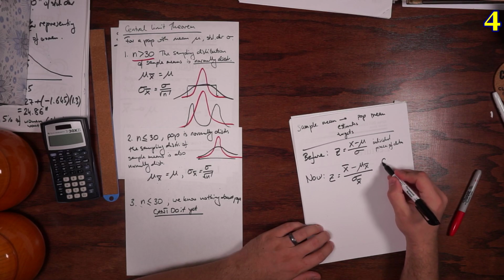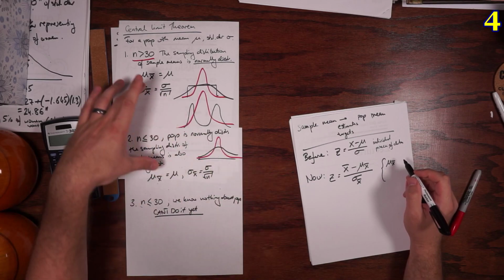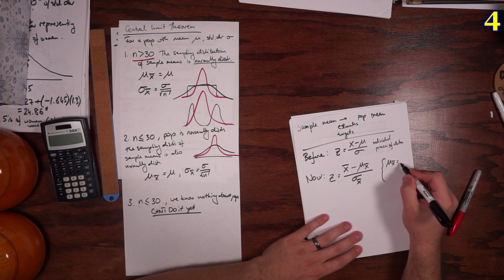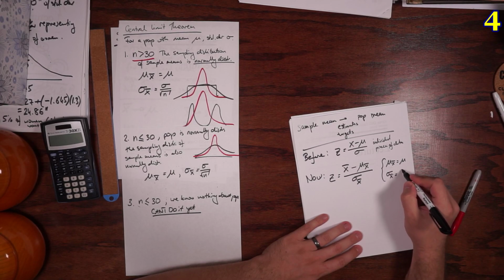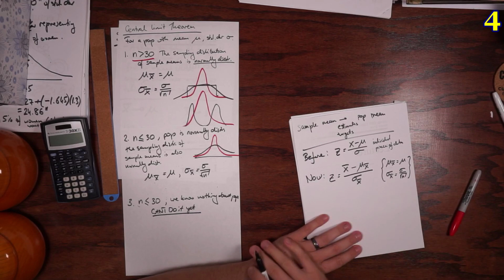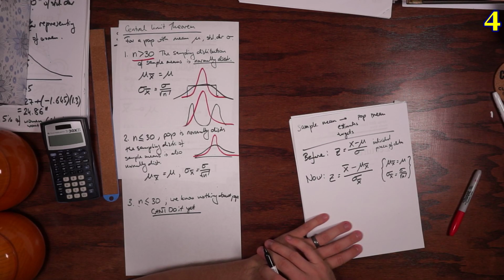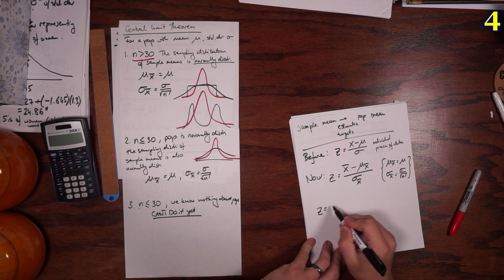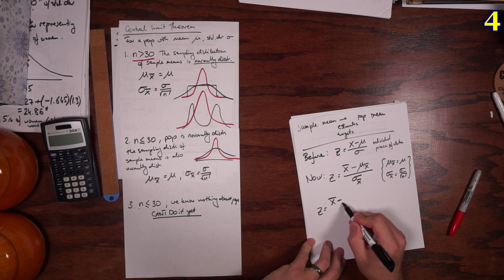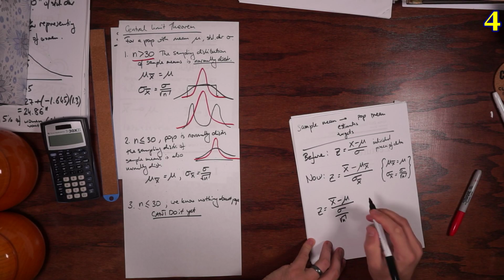But if you consider the fact that in both case 1 and 2, the mean of sample means is mu and the standard deviation of sample means is sigma over square root of n, then our z-score becomes just x bar minus mu divided by sigma divided by square root of n.